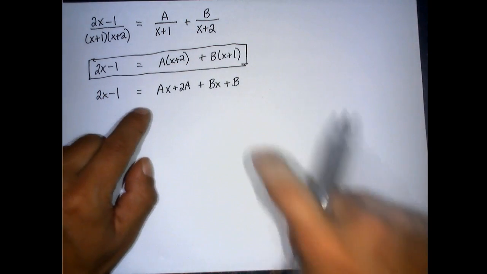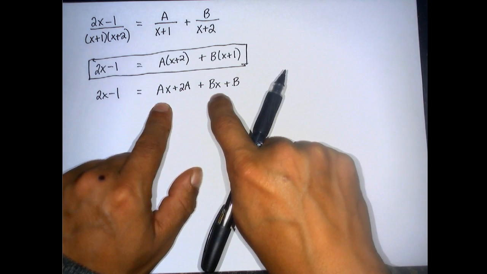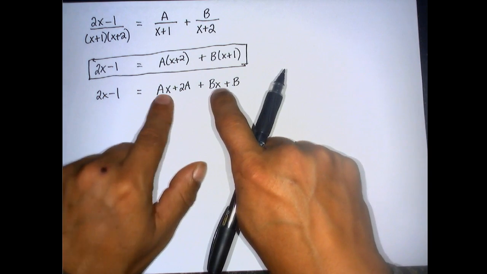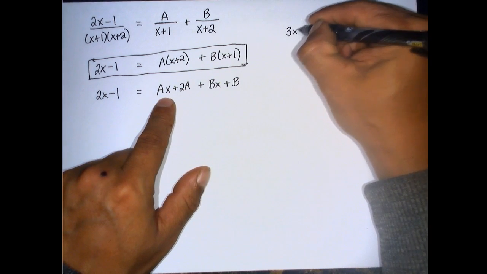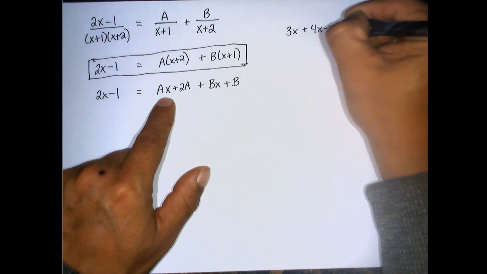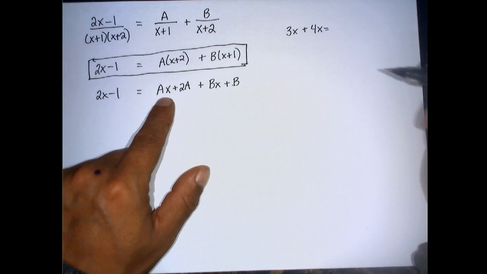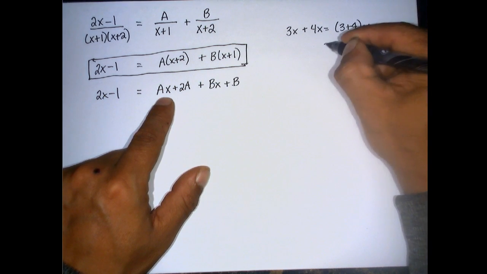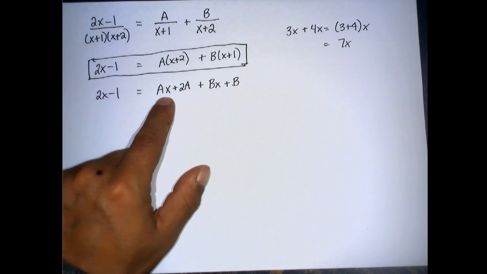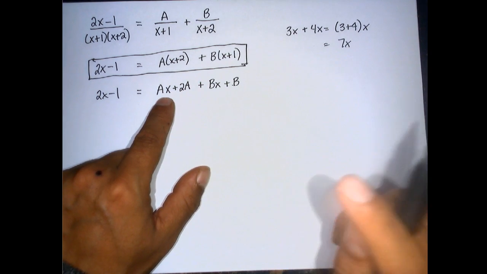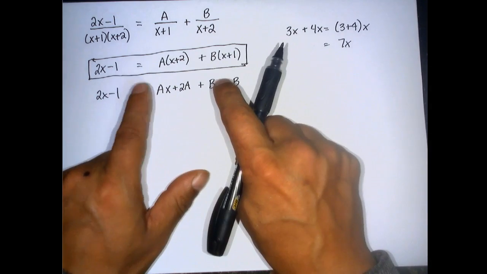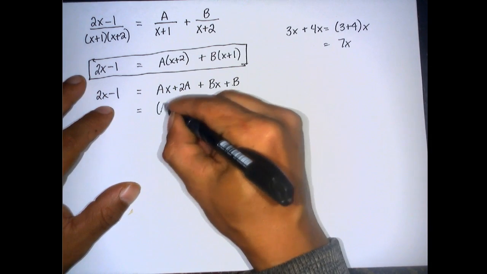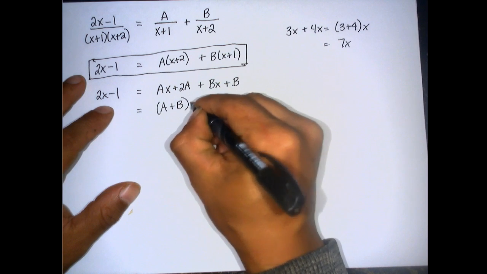Okay, so now we can combine like terms. And this part is the part that people really struggle visualizing. If you take 3x plus 4x, okay, those are like terms, then you get 3 plus 4x, which is 7x. And everybody sees that pretty easily. But a lot of people struggle with this whole concept here. If I take ax plus bx, I'm given a plus b times x.